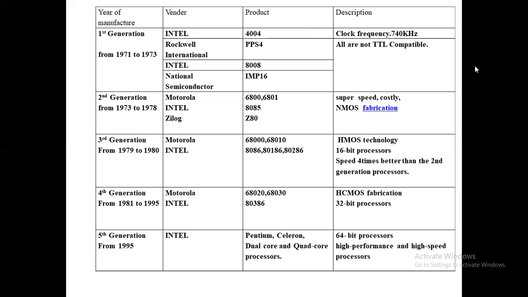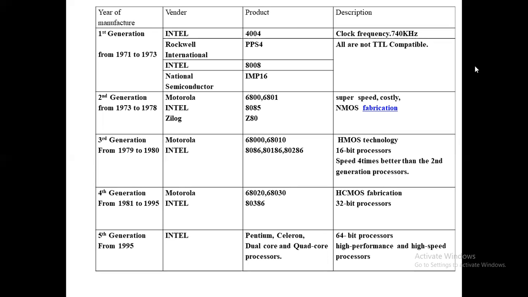HMOS means high-speed MOS semiconductor technology. From 1979 to 1980, Intel developed the 8086, 80186, 80286, and Motorola 68000 and 68010. The speed of those processors was 4 times better than that of second generation processors.